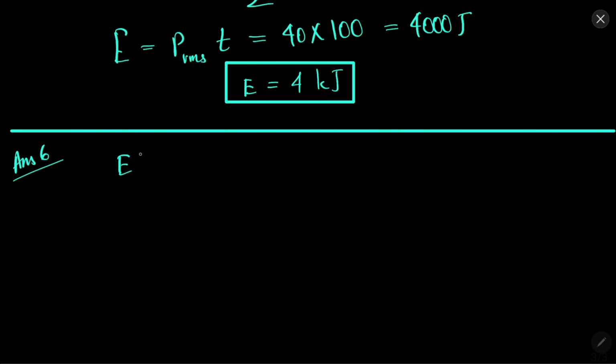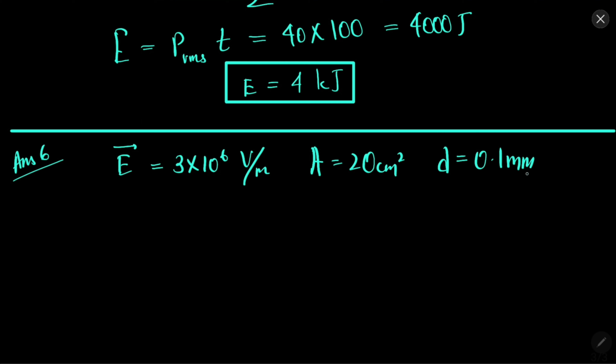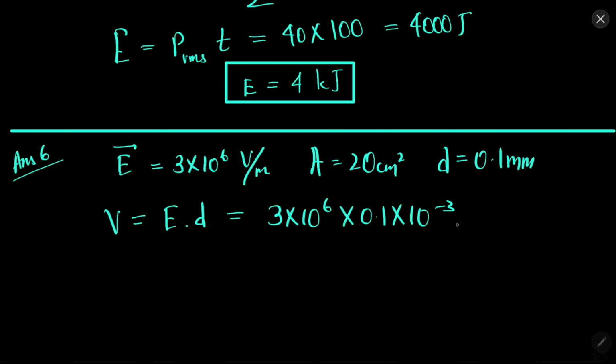The electric field is 3 into 10 to the power 6 volt per meter. Area is 20 centimeter square. D is 0.1 mm. We know that potential difference can be calculated by E into D. So 3 into 10 to the power 6 into 0.1 into 10 to the power minus 3 meter. So voltage will be 300 volt.